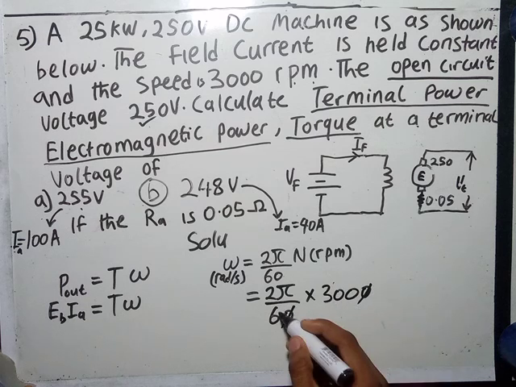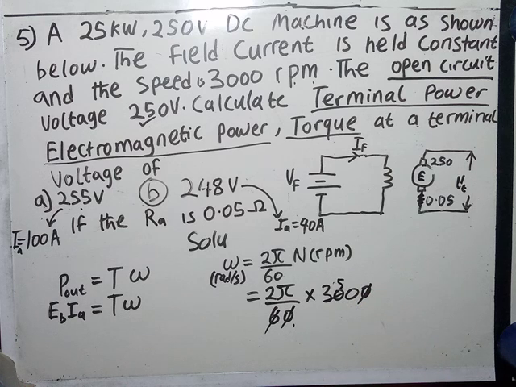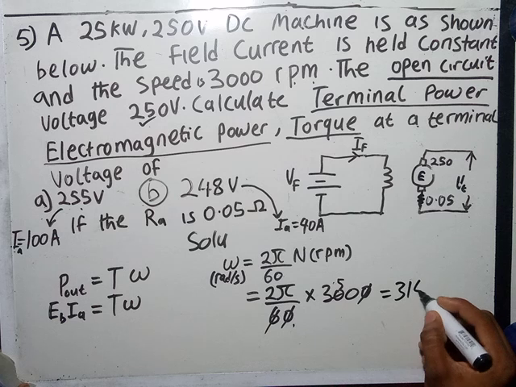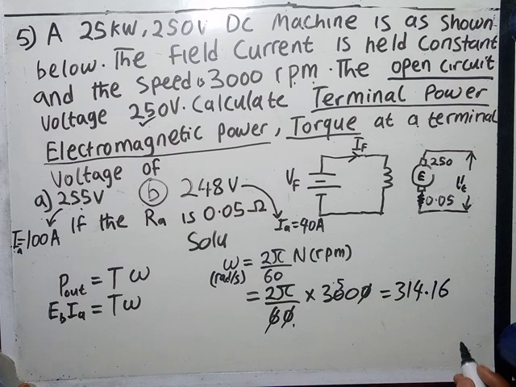This cancels out this. 6 here is 1, 6 in 30 is 5. So we'll be having 2 pi into 50, to give us approximately 314.16 rad per second.